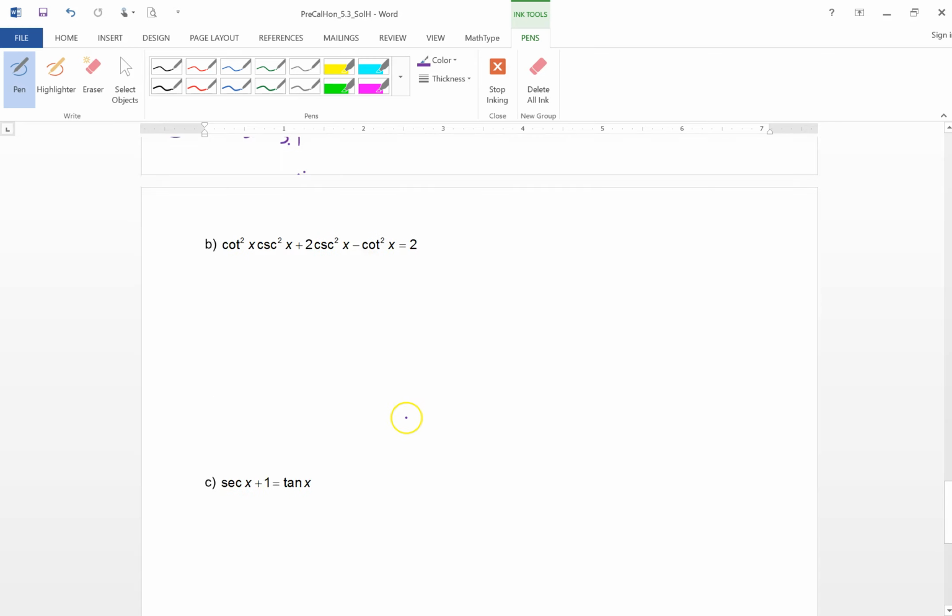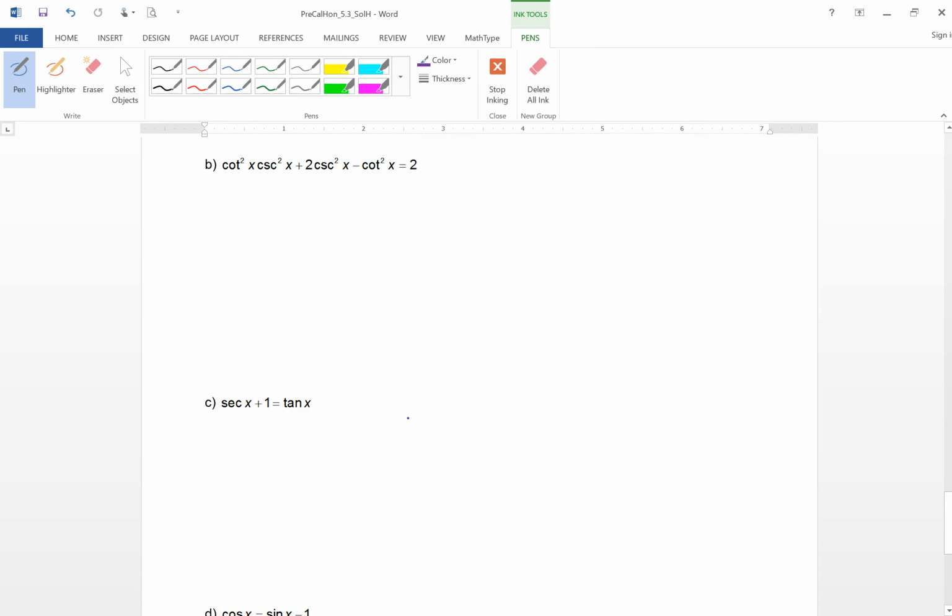The last few are similar. I'm going to take the 2 to this side first, then factor. And what I will do is factor by grouping here. I take out a cosecant squared x. So I have cosecant squared x times cotangent squared x plus 2, minus cotangent squared x plus 2 equals 0.